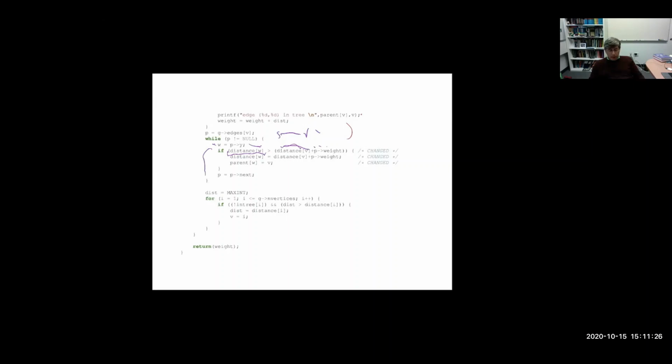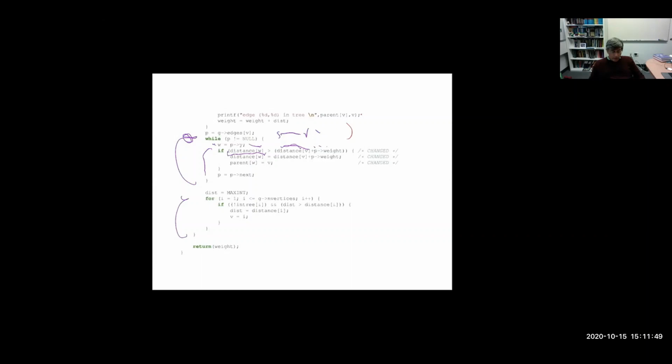For minimum spanning tree, all I cared about was the weight of the edge. So for Prim's, I didn't worry about the distance on this side. But here, the value of an edge is a function of what it costs to get to that vertex plus the cost of the final hop. This tells me the cheapest way to get to every vertex.